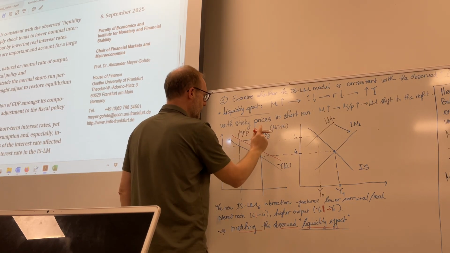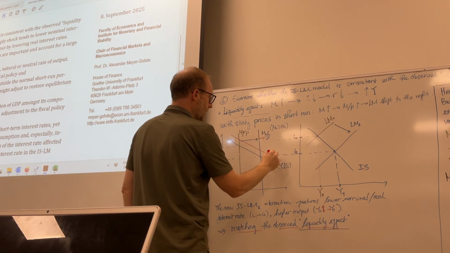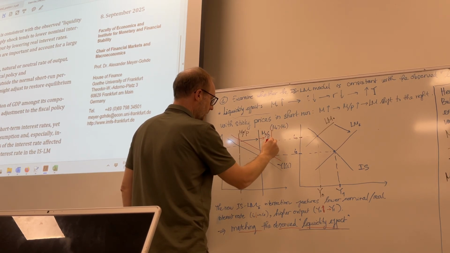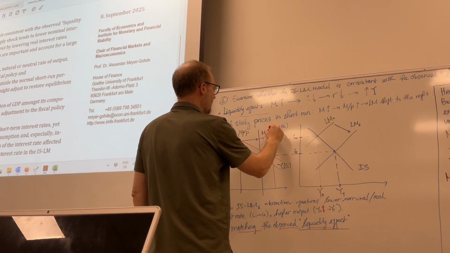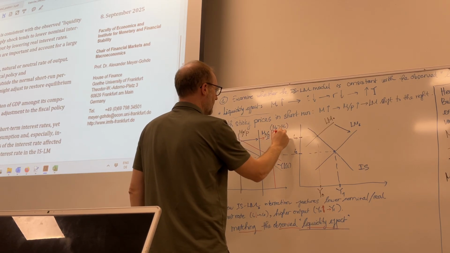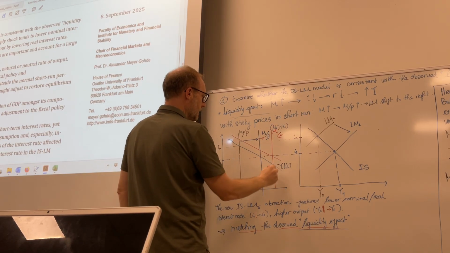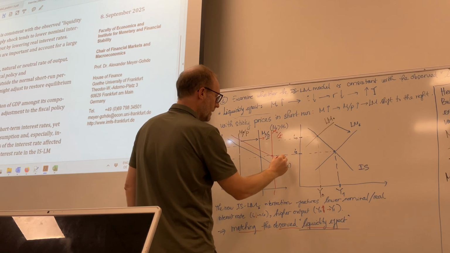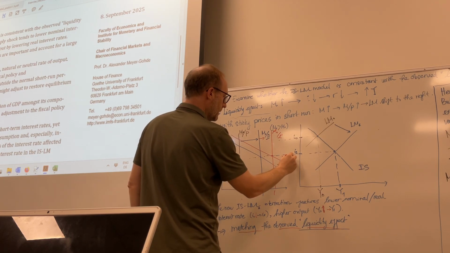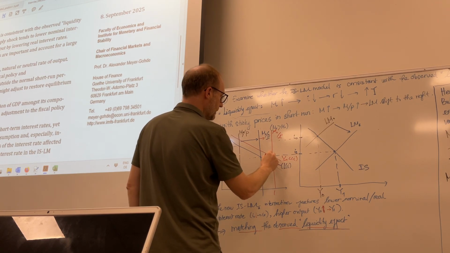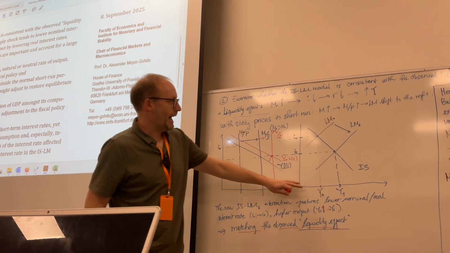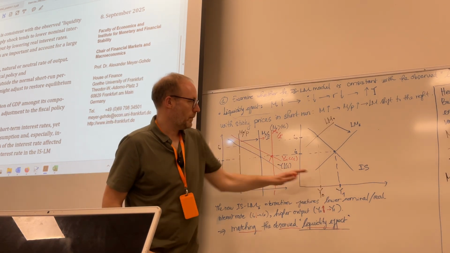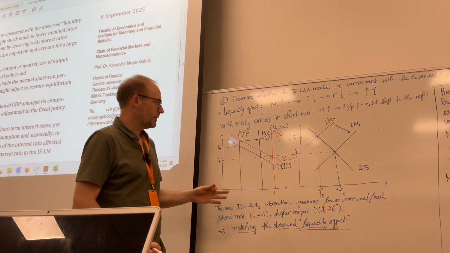And now I know that the money supply actually must have increased even further, M1 prime over P, such that at Y1, as our transactions go up, our demand for money goes up too.